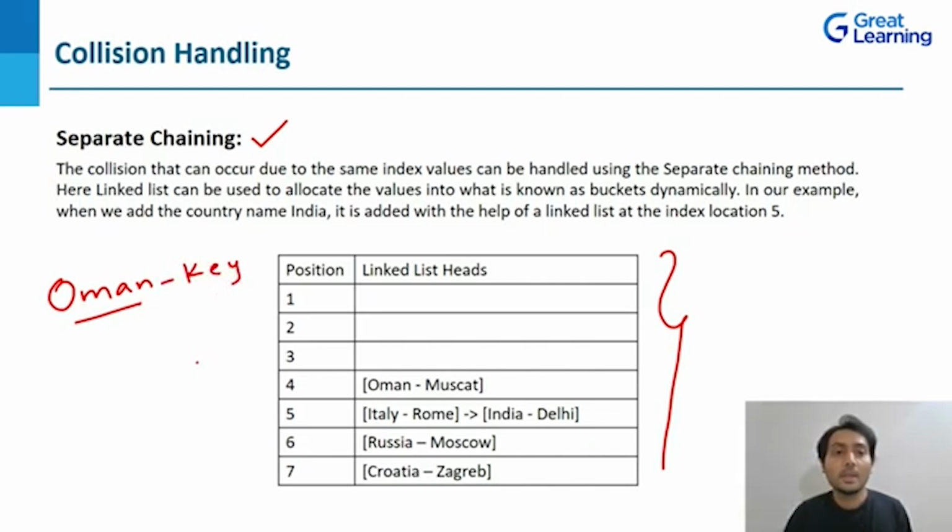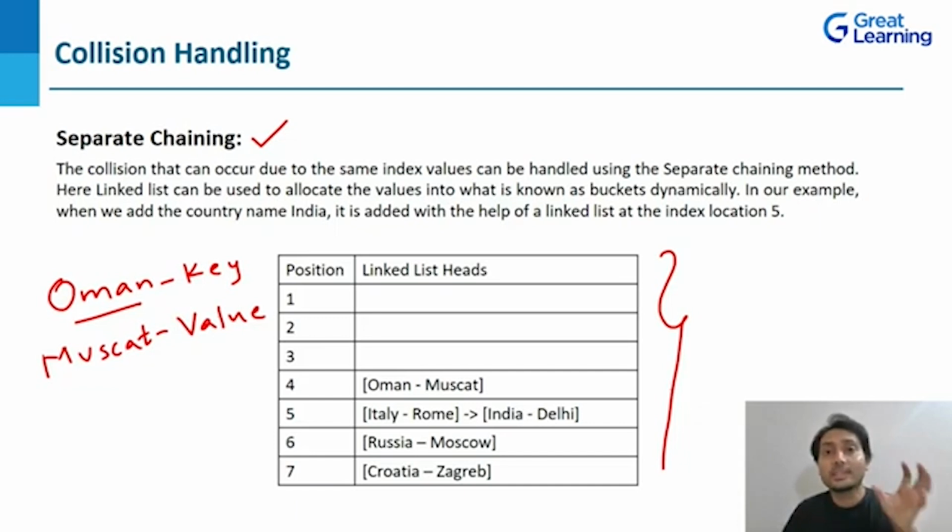And the capital city of Oman, which is Muscat, is nothing but the value, right? So this is our key value pair in this particular example. If you want to store this information in a hash table, what we'll do is we'll just count the length of this particular country, just as an example, and we'll consider that as the hash code for our indexing. So Oman is nothing but 4, right?